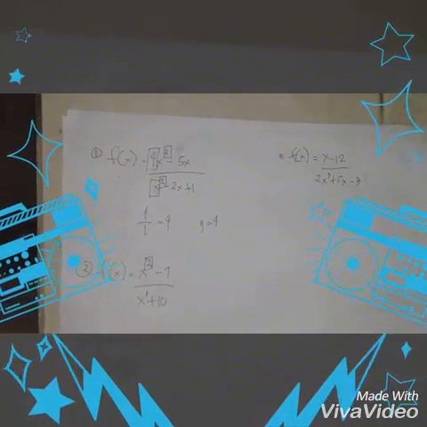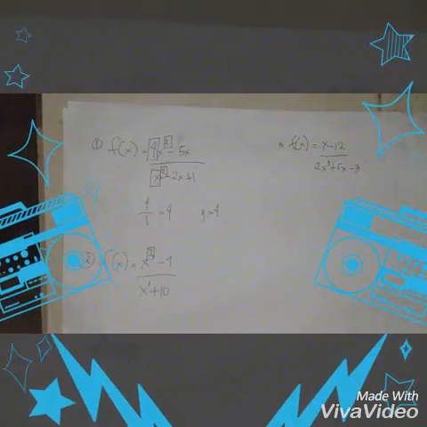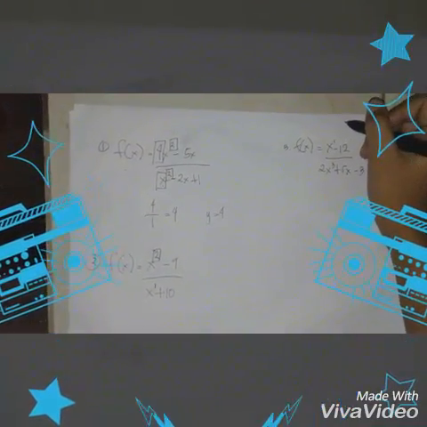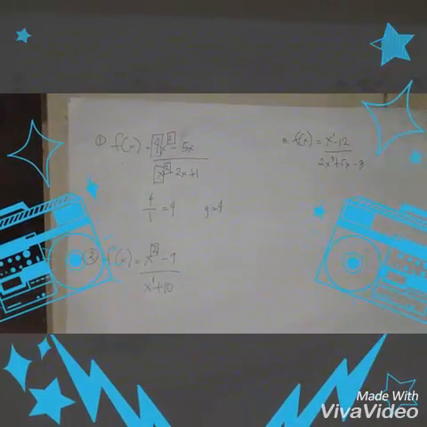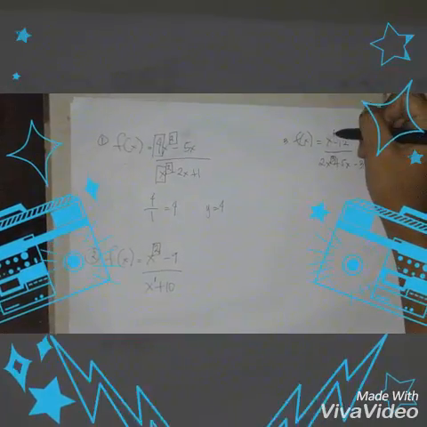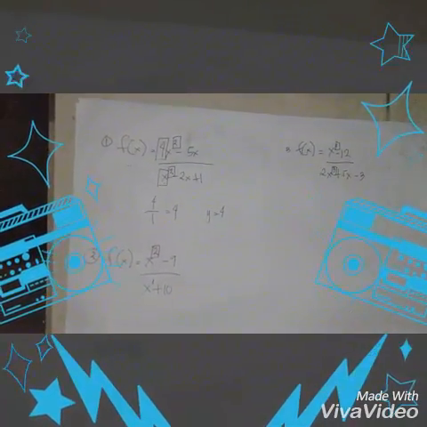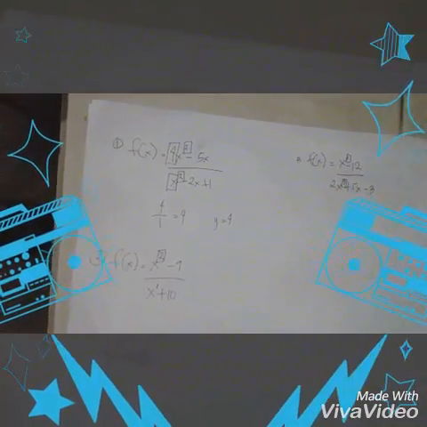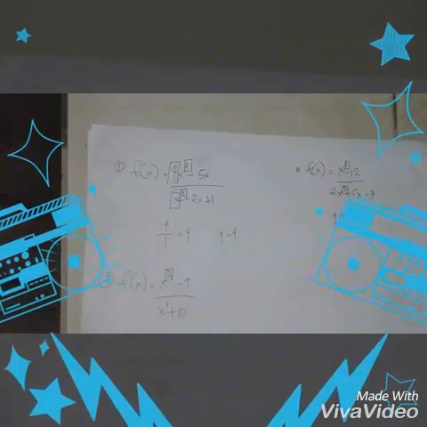First, we must compare the degree of the polynomials. The numerator contains x, which is a first degree polynomial, while the denominator is a third degree polynomial. Since the polynomial in the numerator is of lower degree than the denominator, the horizontal asymptote is y equals 0.